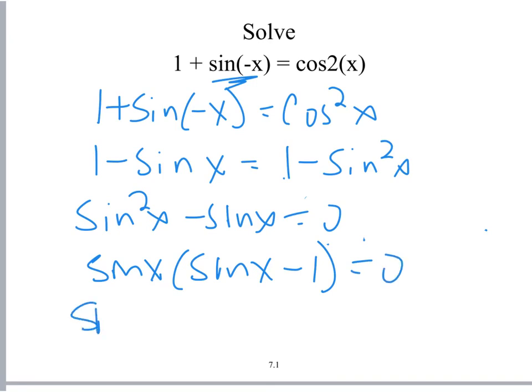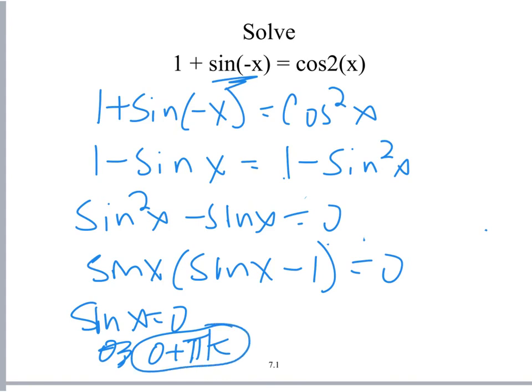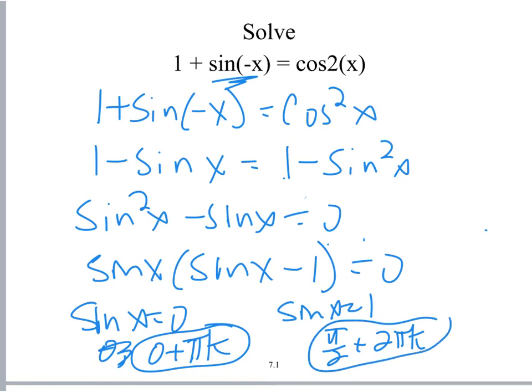So where does sine x equal 0? Well, at 0 and at pi. So why don't we just say 0 plus pi k? That'll take care of all those answers. And where does sine x equal 1? Well, that's at pi over 2, and we've got to go all the way around to get back there. So there's that set of answers.